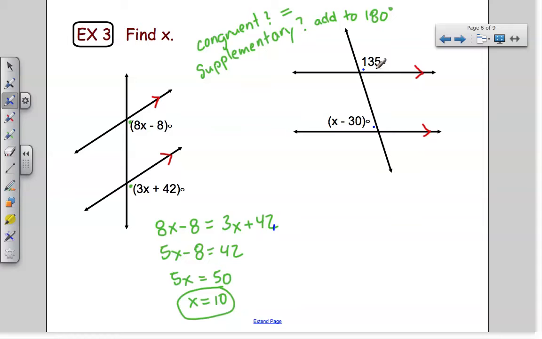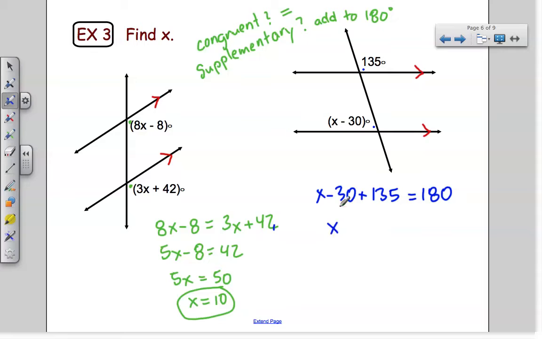I noticed that this is obtuse, greater than 90. This is acute, less than 90. These are not congruent. They're definitely supplementary then. So I know that these two angles would add up to 180. So I take the x minus 30, I take the 135, I add them together, and I know they're supplementary, so they equal 180 together.